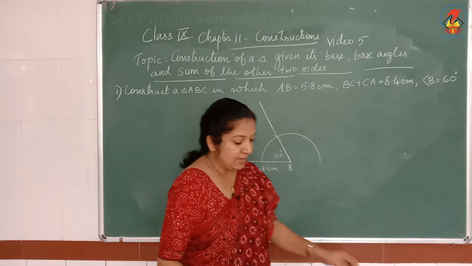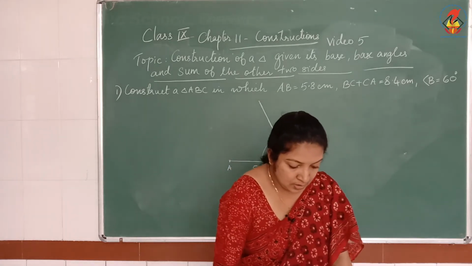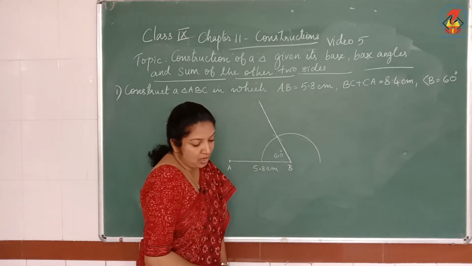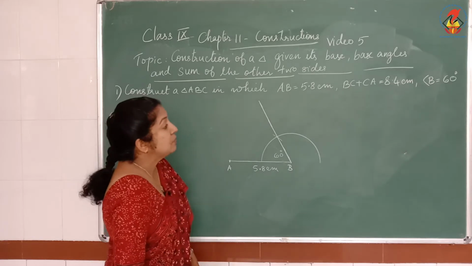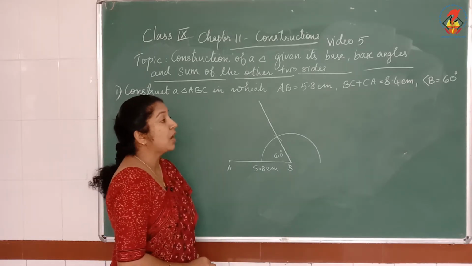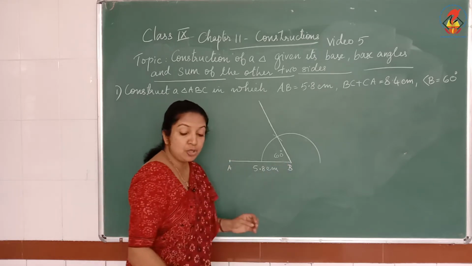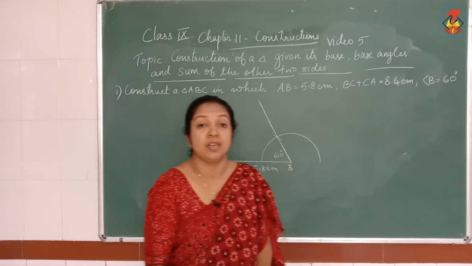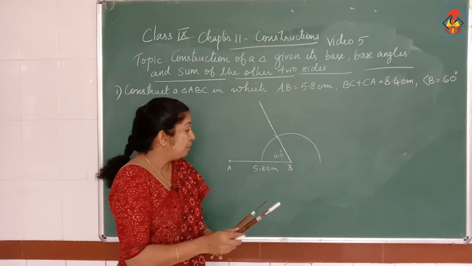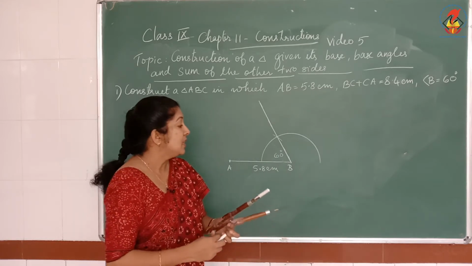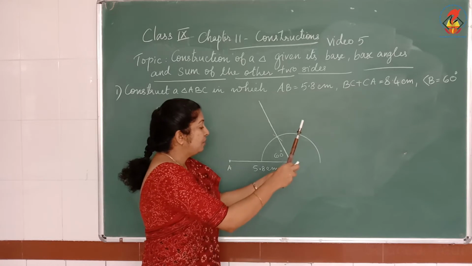So what is given next? It is given that sum of the other two sides is 8.4 centimeter. So what you have to do next is, you have to take 8.4 centimeter in your compasses and make a cut from here.